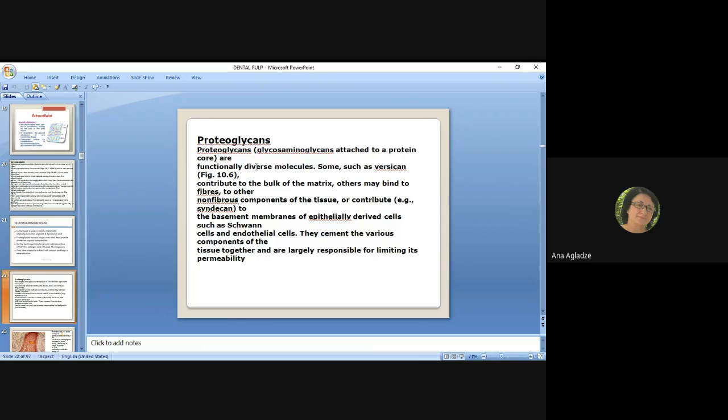They are responsible for junctional complexes for cell-to-cell adhesion, and the selectins have a very special role in guiding the migration of leukocytes during inflammation.